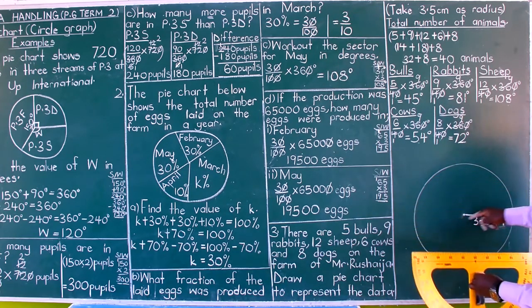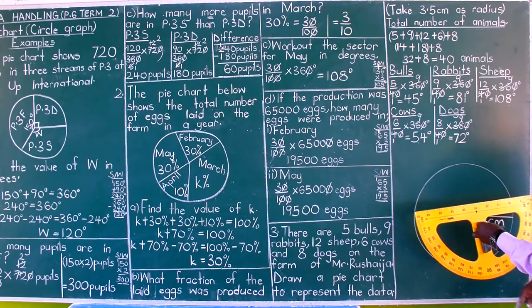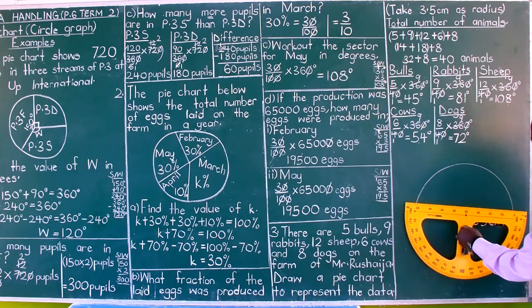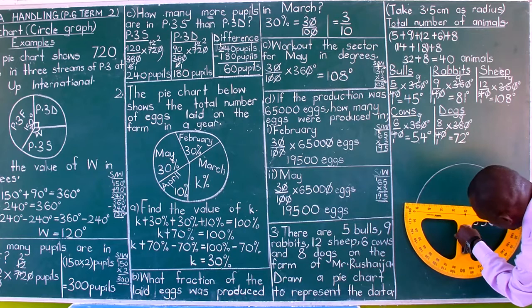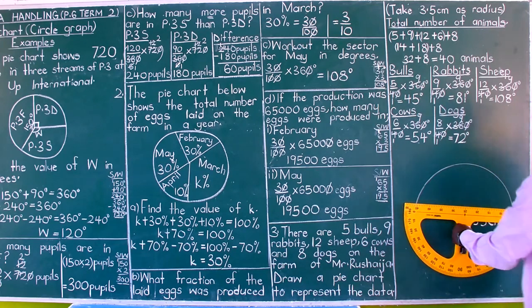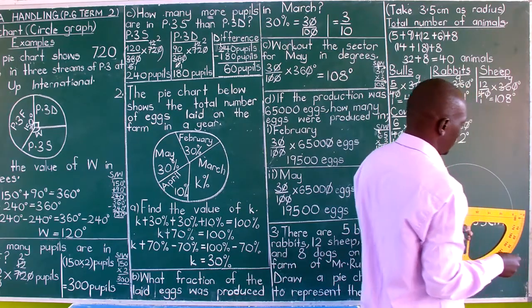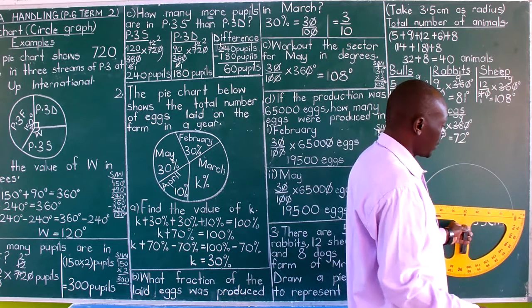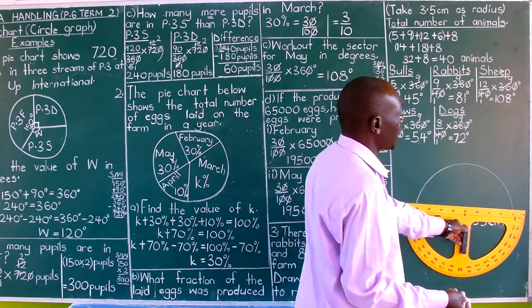I cover this radius with this black line. I bring the 90 line up to the center properly, like this. Then I ensure I've covered this black line with the radius, and then I've covered the radius with the black line, and then take a reading.